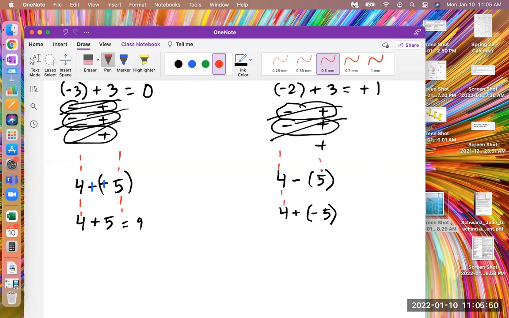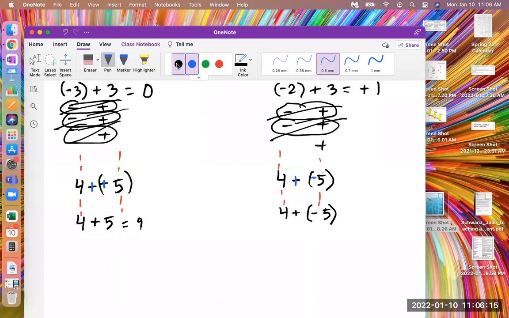I have to draw 2 sticks between the integers. Here I have 1 stick to make the negative sign a positive, and I have 1 extra stick. What can I do with that? I only have enough sticks to make a negative sign. So 4 subtracted by 5 is the same as 4 plus -5.